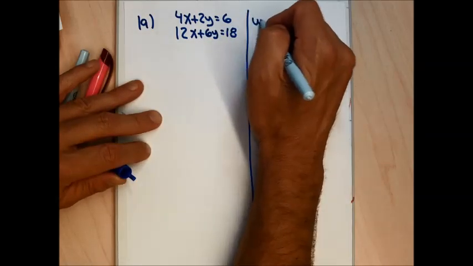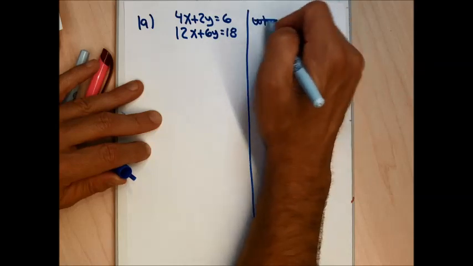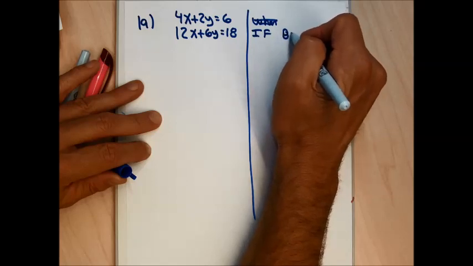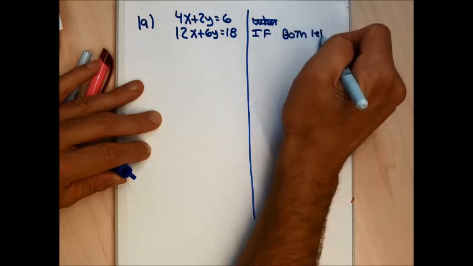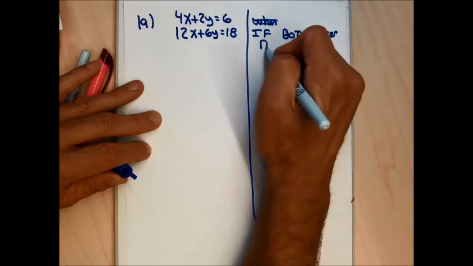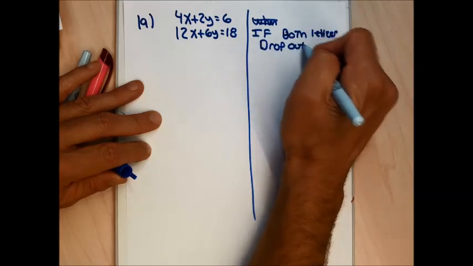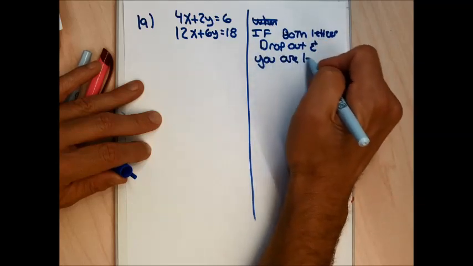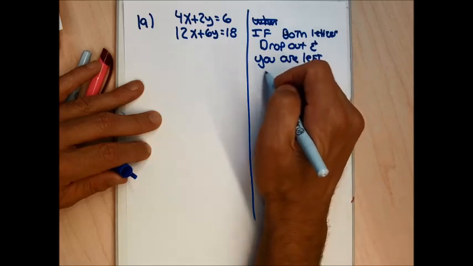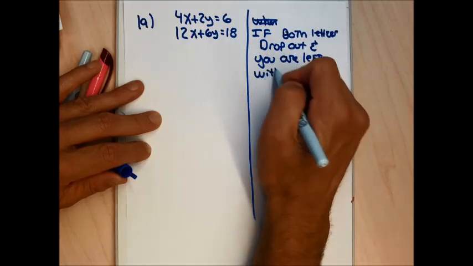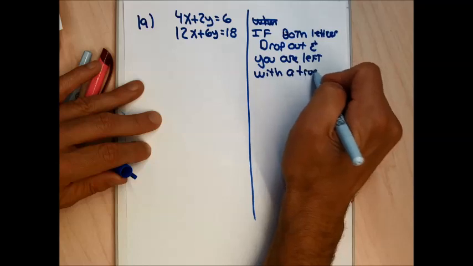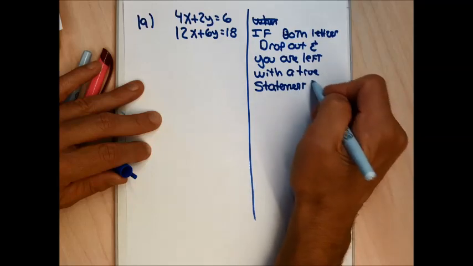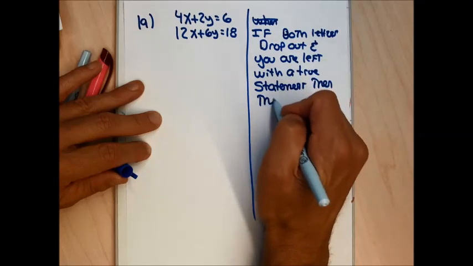If, when you're doing the algebra, both letters drop out, and you are left with a true statement as opposed to a false statement, then there are infinitely many solutions.